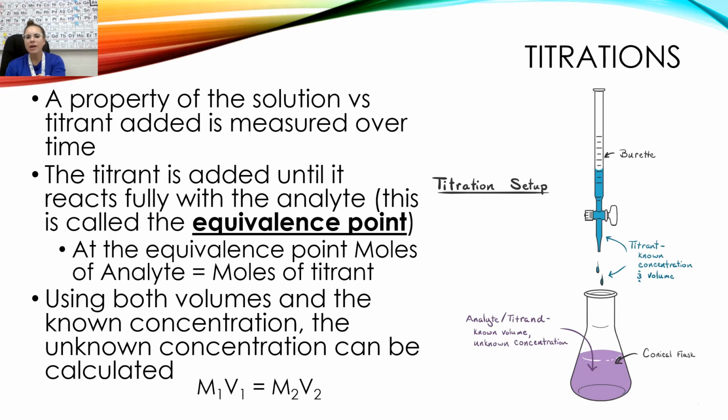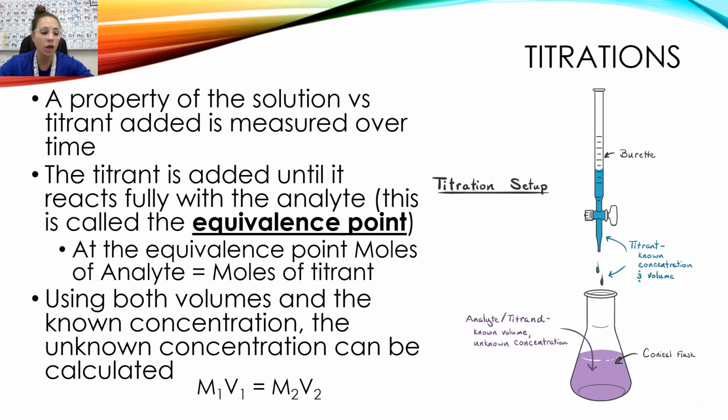We measure a certain property of the solution over time, and we keep adding the titrant until every bit of the titrant has reacted with every bit of the analyte, and we call that the equivalence point. At the equivalence point, we know that moles of titrant equal moles of analyte. So we know every bit of it is fully reacted.